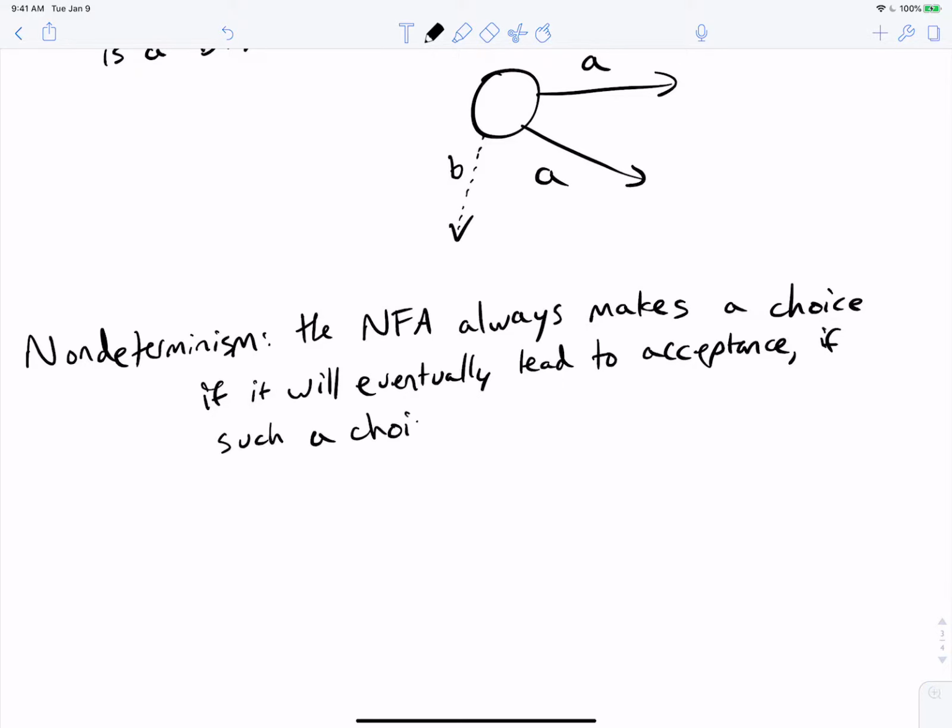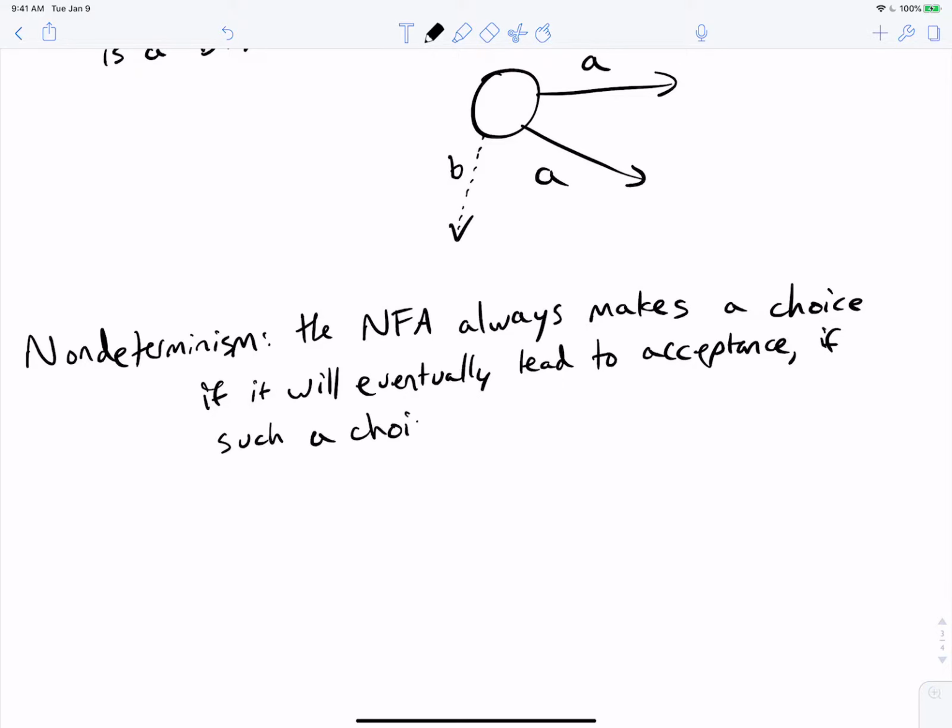So if we have two choices, one of them will eventually lead to an accept state and accept the string, and the other one, there's no way that we could accept the string if we took the other route, we will choose the first one. If every choice that we have cannot possibly lead to accepting the string, it doesn't matter what choice we make.